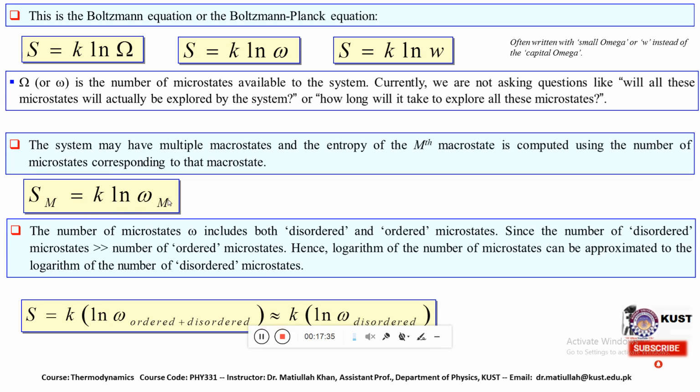This is for systems which have multiple macrostates, and the entropy of the mth macrostate is computed using the number of microstates corresponding to that macrostate.